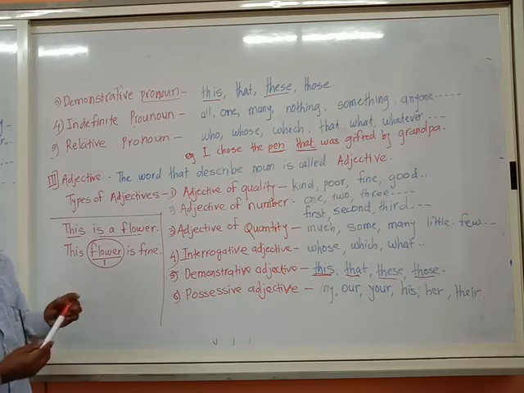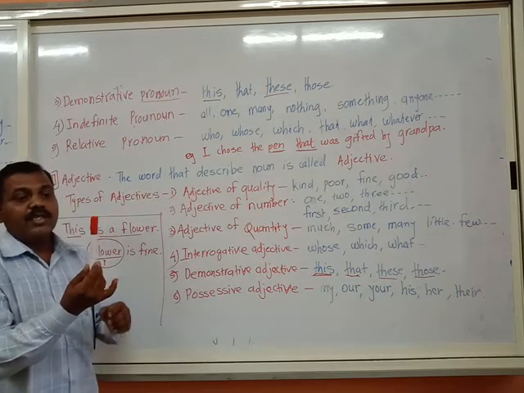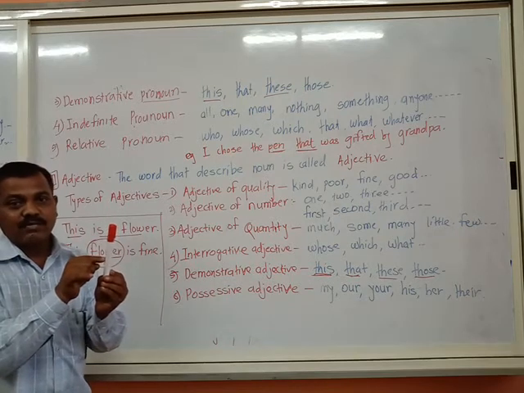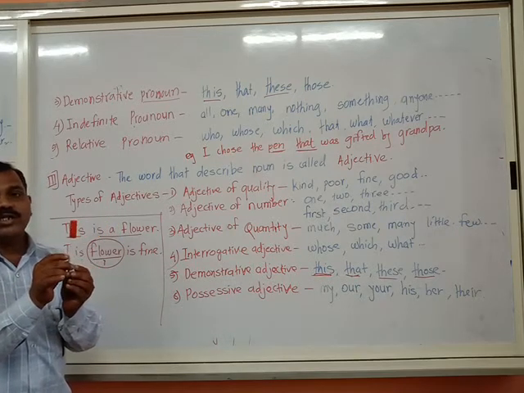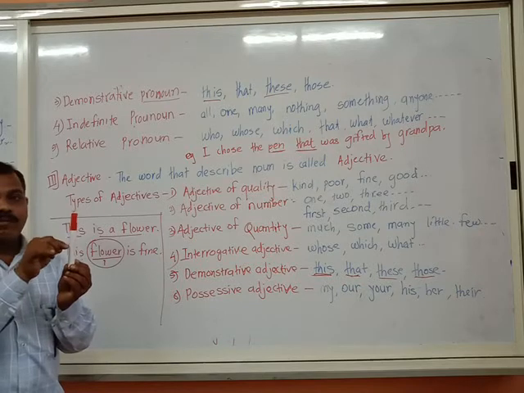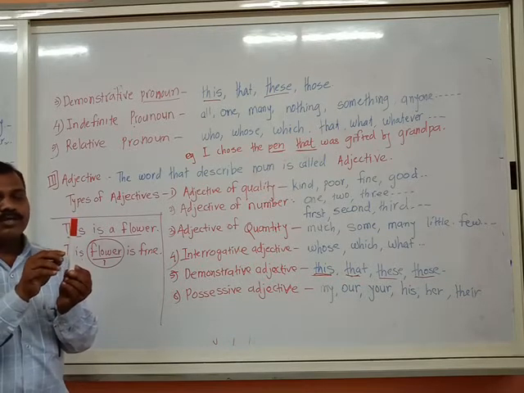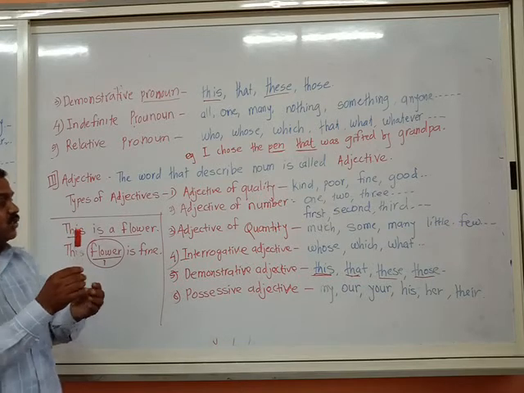Suppose I say this is a pen. In the next example, if I say this pen is very costly, now in the second sentence I am talking about the particular pen, not any other pen. That is why this is made special, and that is the difference.